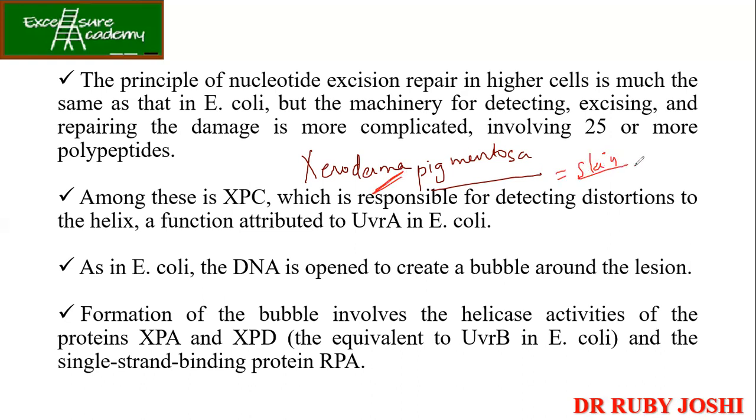Now, in this case, the humans who have got this XP disorder are highly sensitive to sunlight. इसका मतलब क्या? The moment they go out, they get burns in their skin.